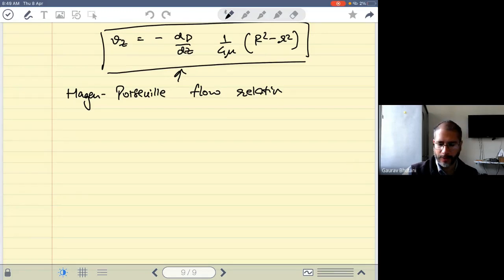So we call it the Hagen-Poiseuille flow. Okay, so we will now stop here, and I urge you to please try this yourself. It's slightly different mathematically from what we did in the parallel plates. So do mathematically practice this, but I'll give this to you as a problem in the problem sheet.